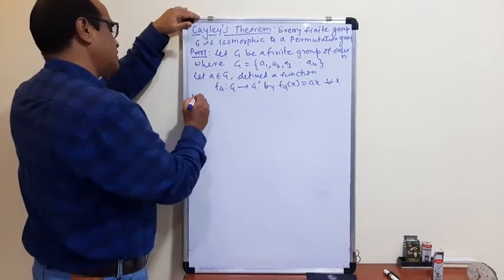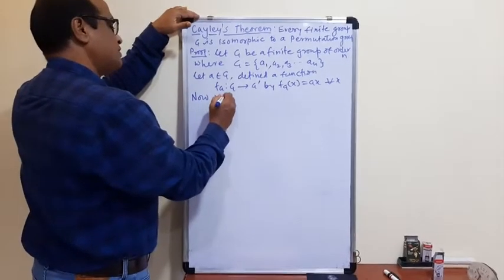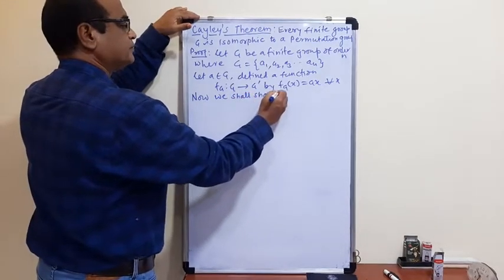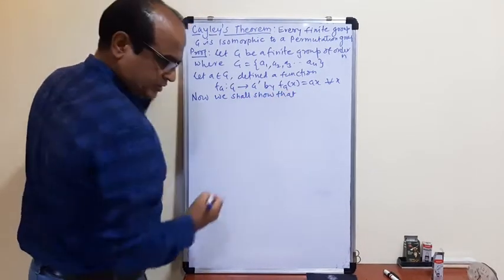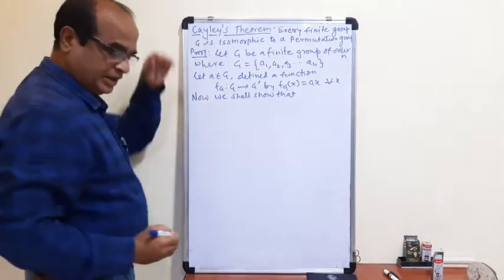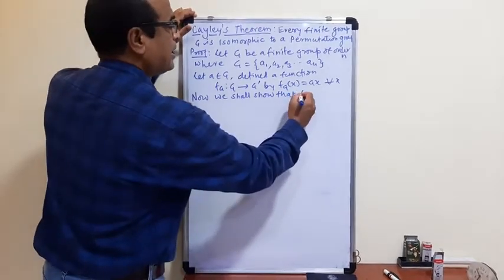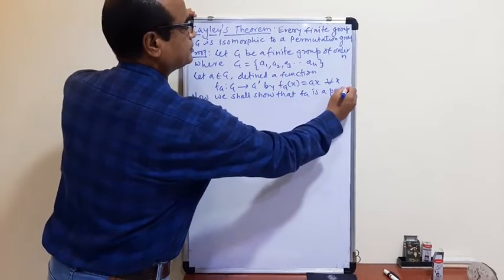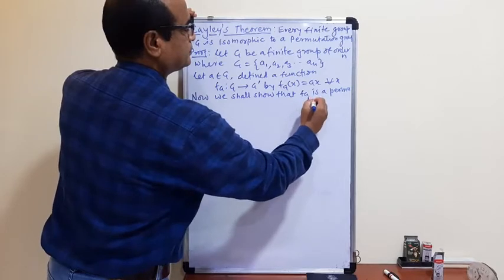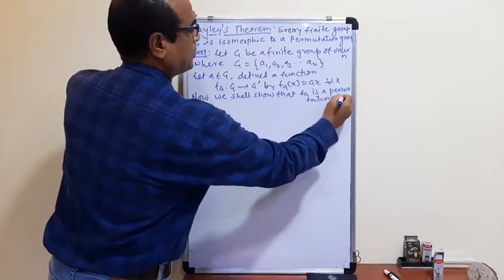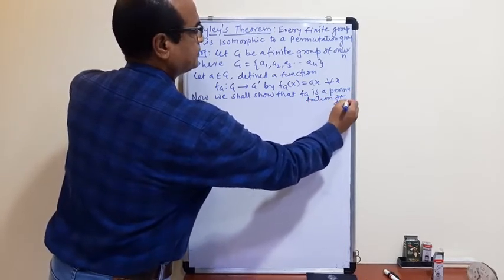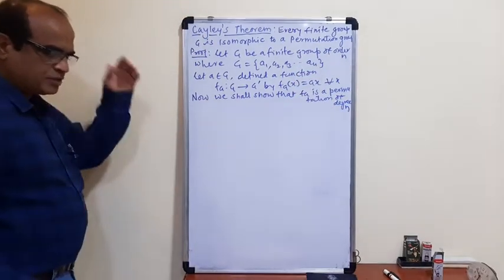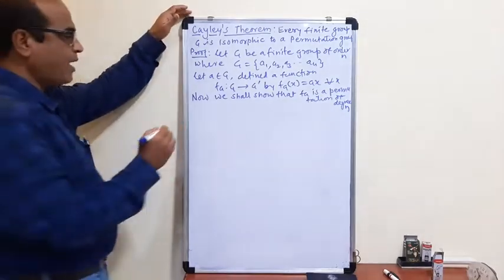Now we shall show that f_a is a permutation of degree n. Okay. So for that, first we prove that f_a is well defined.